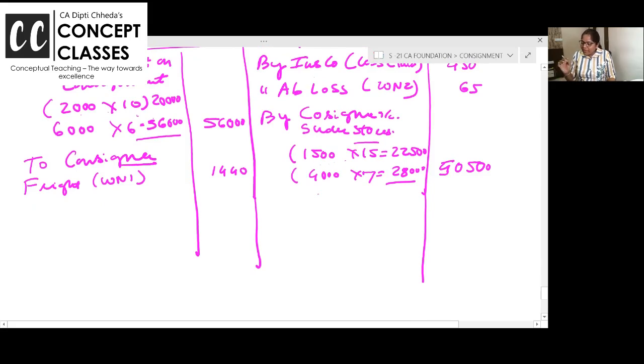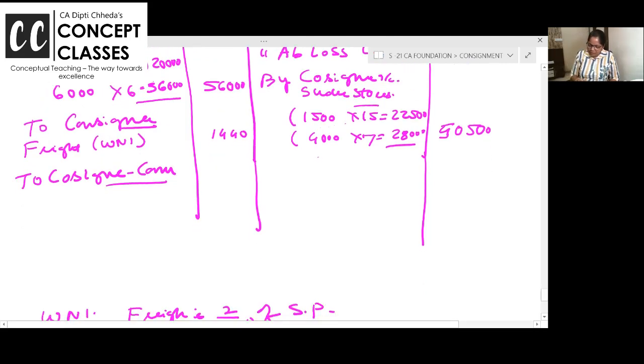Now, whenever we write the sales entry, the indicator is to consignee commission. It comes running. What is the kind of commission here? Commission is fixed 5% on sales. 50,500 into 5%, 2525.